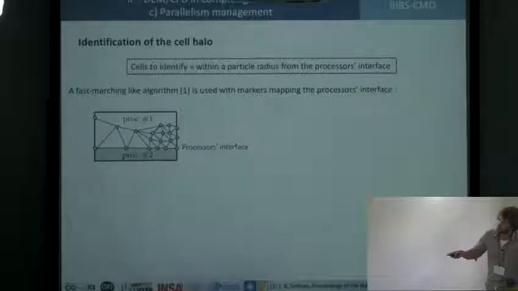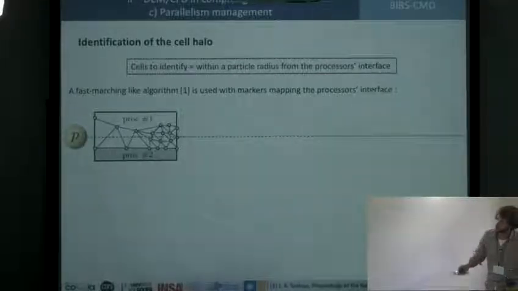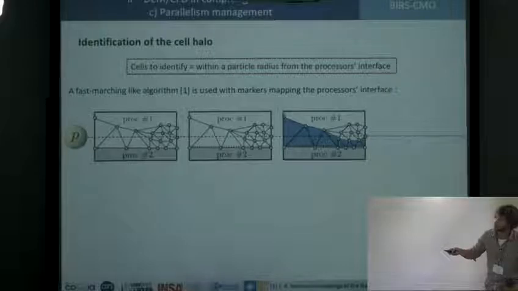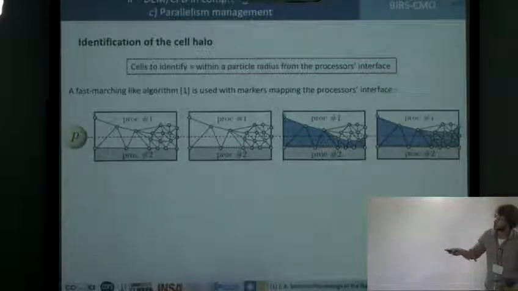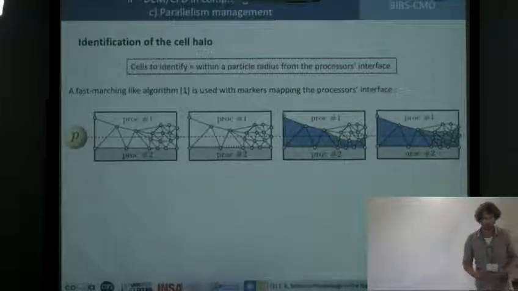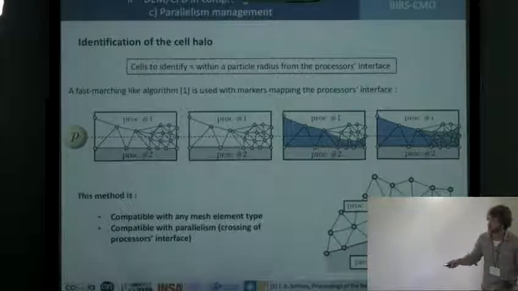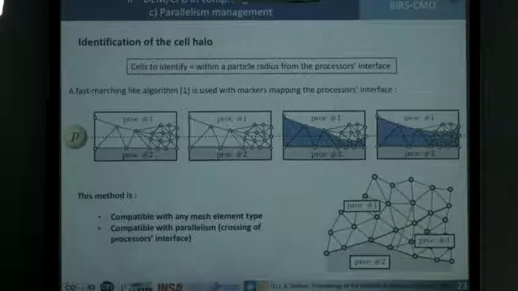Here you can see a processor's interface in red, our distance construction, and by mapping the processor's interface with markers and propagating this distance more and more, we are still able to identify exactly the number of cells that we need. And again, this method is fully compatible with any mesh element type, and also compatible with parallelism, in particular when we have to cross some other processor's interface, and that's not straightforward.